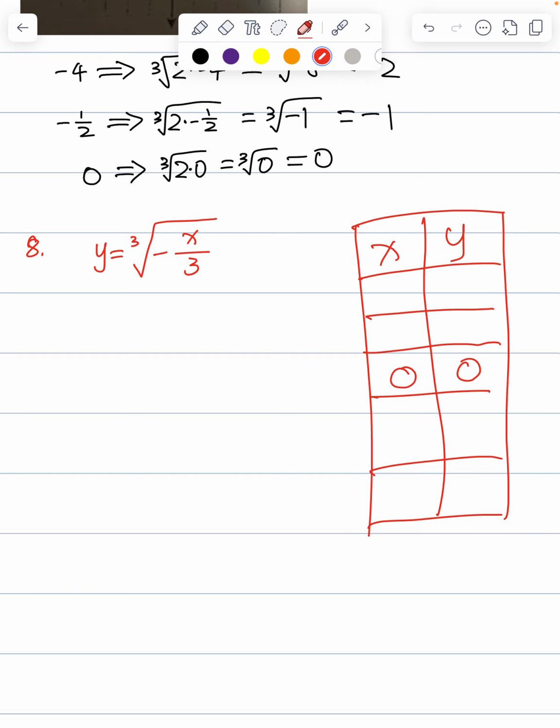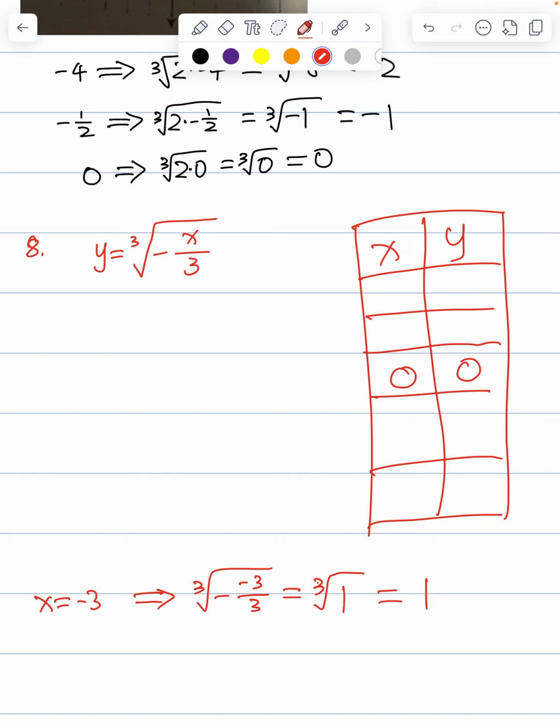So now I'm going to choose -3. When x equals -3, replace x by -3: the negative of -3 over 3. This is the cube root of 1, right? And the cube root of 1 is still 1.